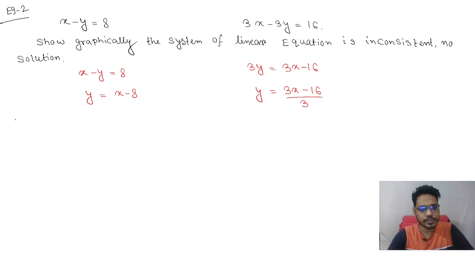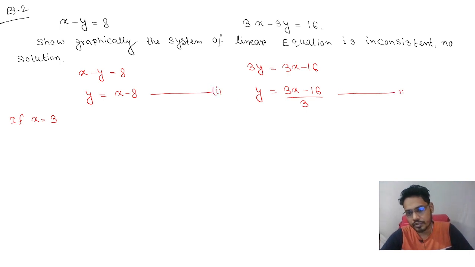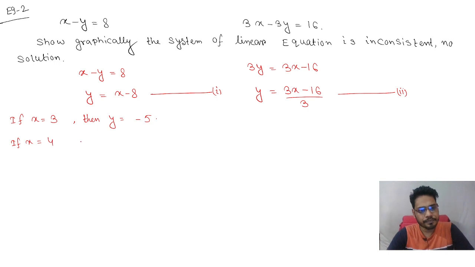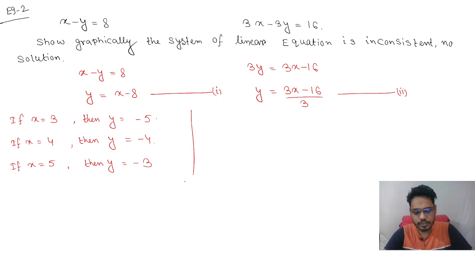Now this is equation number 1 and this is equation number 2. In equation number 1, if you put x is 3, then y will be minus 5. Now if x is equal to 4, then y will be minus 4. If x is equal to 5, then y will be equal to minus 3. This is the first equation.